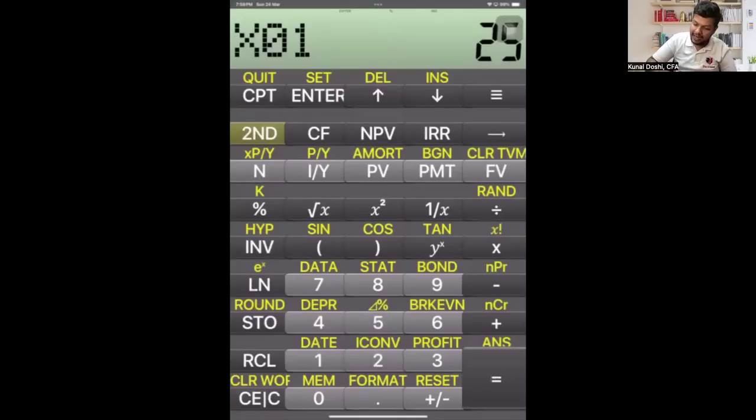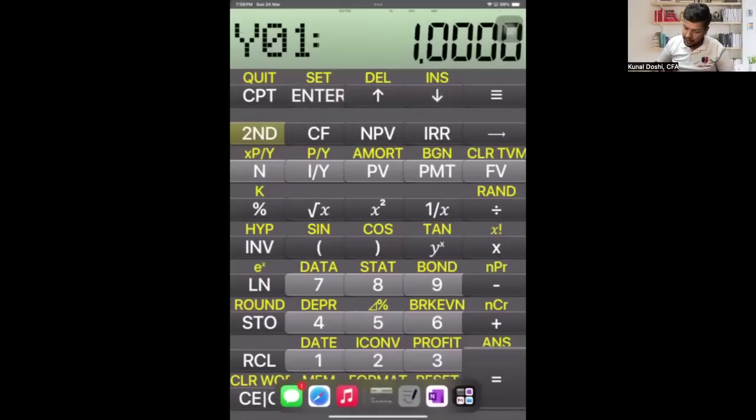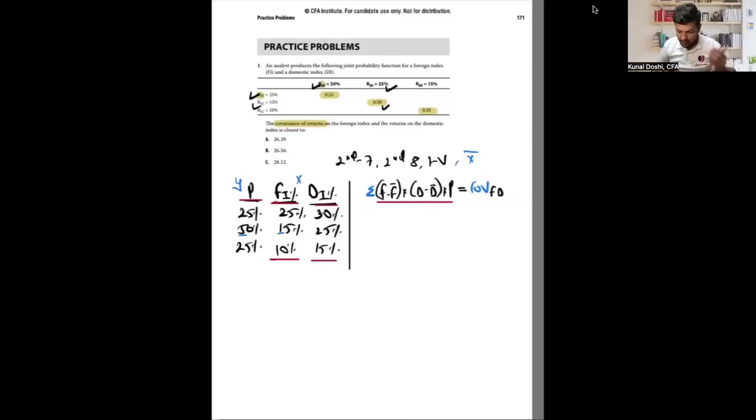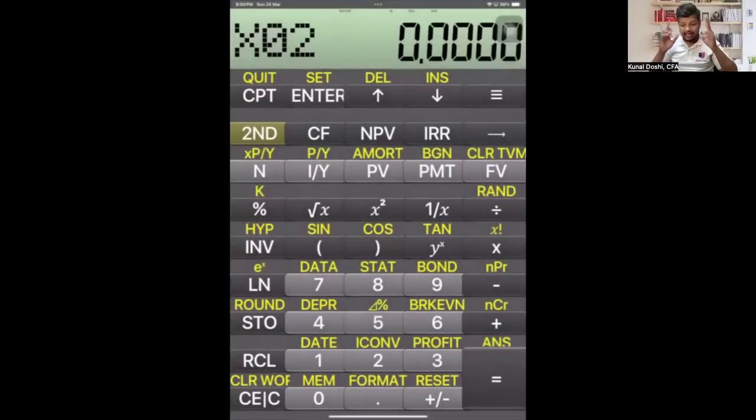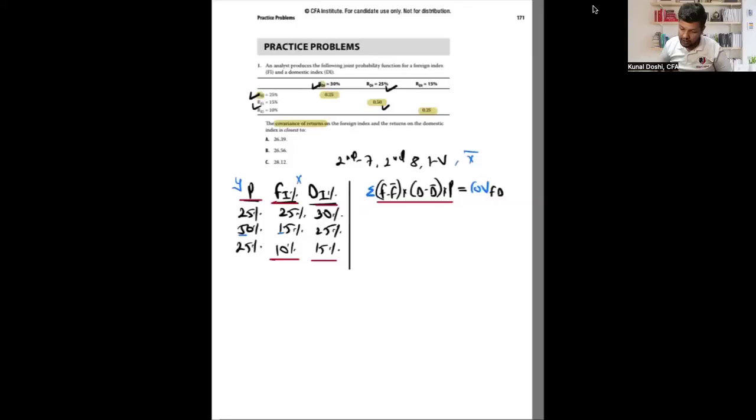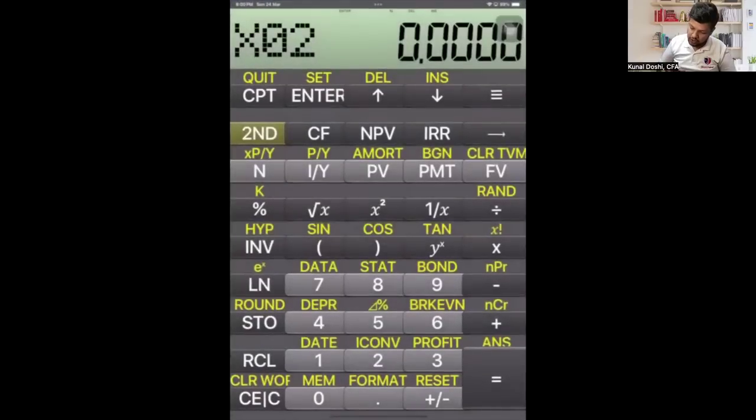So 25, enter. The probability was 25, 50, 25. Then 15, and I'll put 50.